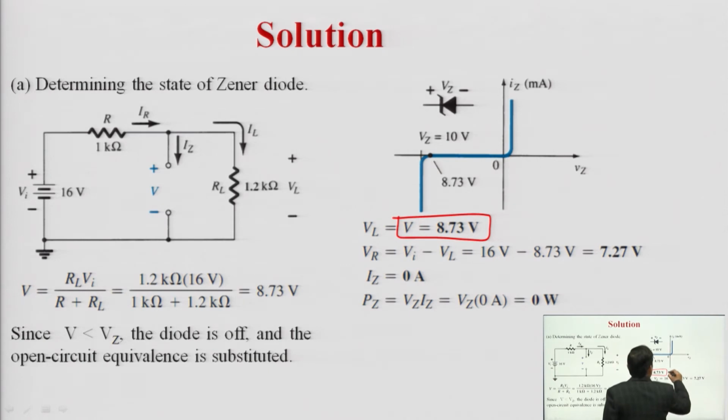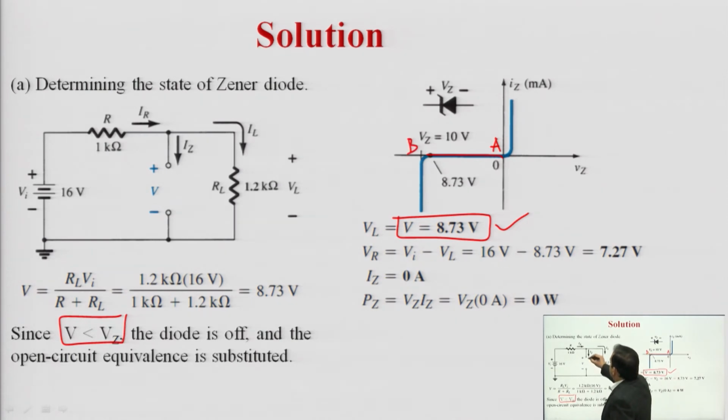So, once this open circuit voltage is 8.73, we can clearly check that it is less than VZ. V is less than VZ because VZ was 10. That means the equivalent for this Zener diode is nothing but an open circuit, meaning we are operating in this particular region A to B where the current is 0.